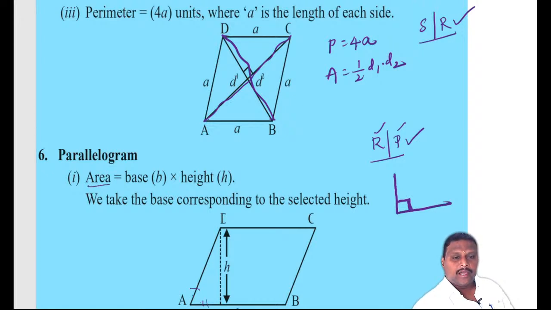So the area of a parallelogram is base into height. Height means a perpendicular drawn from a vertex to the opposite side. The perpendicular line drawn from the vertex to the opposite side is called the height. The height of this figure is the line drawn from the vertex to this point.